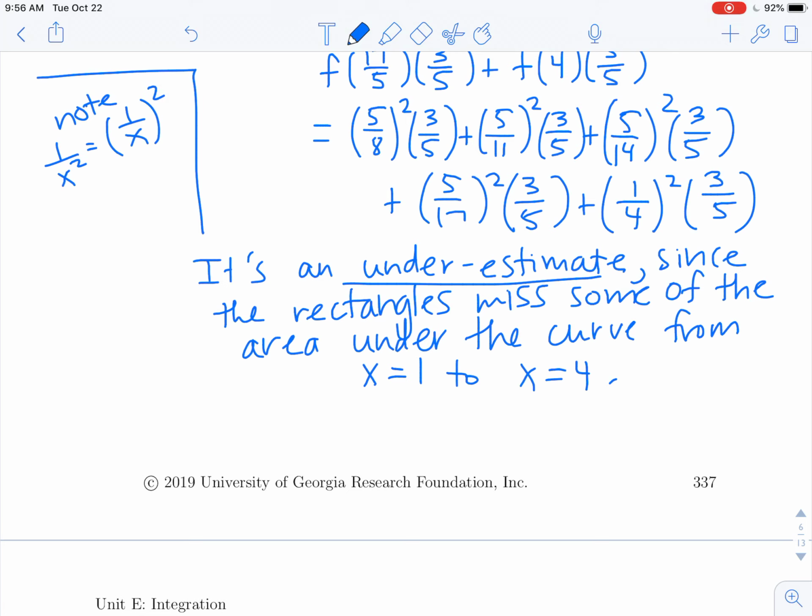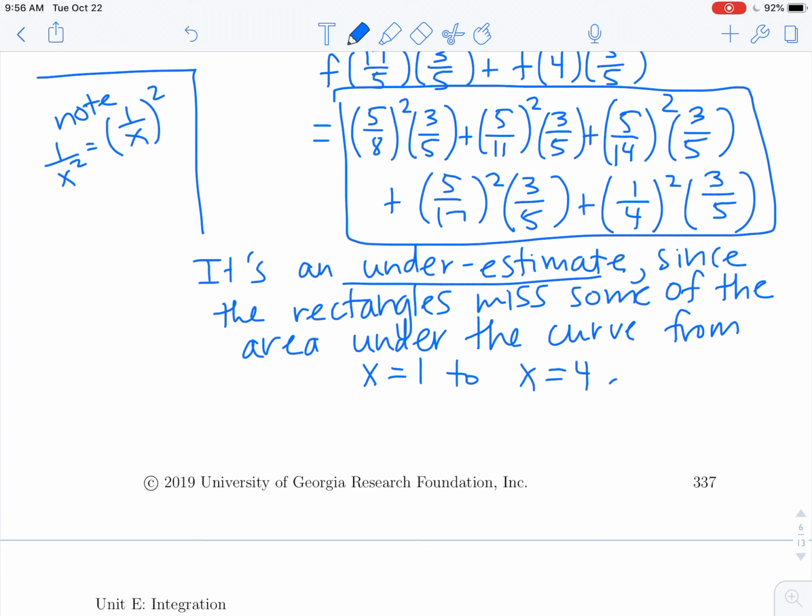So this estimate that we got here, whatever it works out to be, has to be an underestimate based off of the picture.